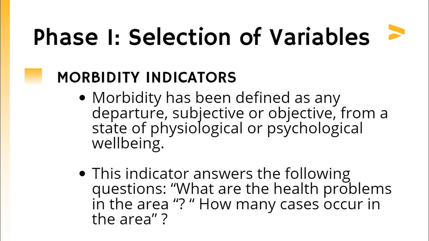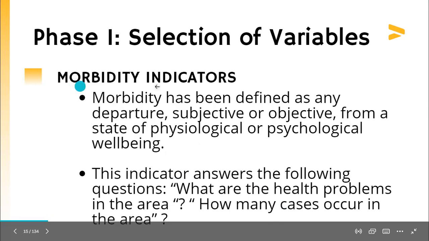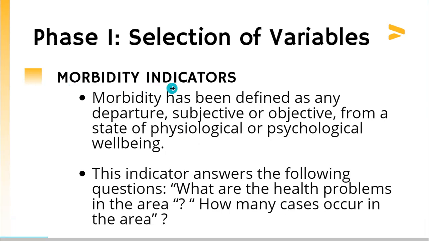Now, this indicator answers the question: what are the health problems in the area and how many cases occur in that area? So in other words, your morbidity indicator is actually a measure of sickness.